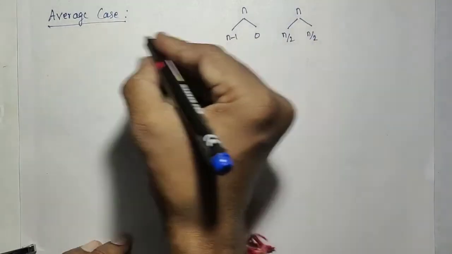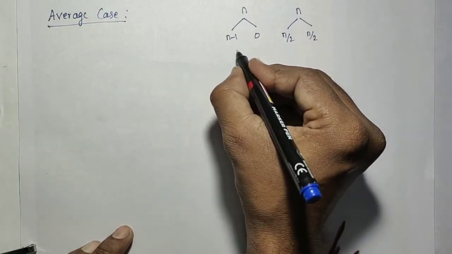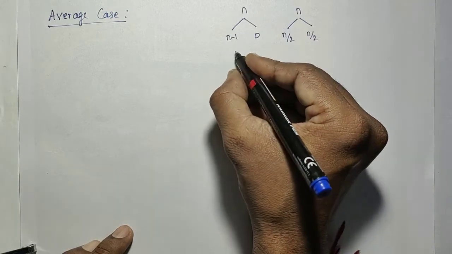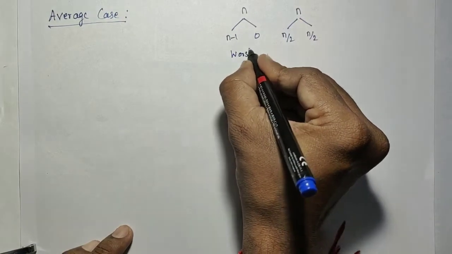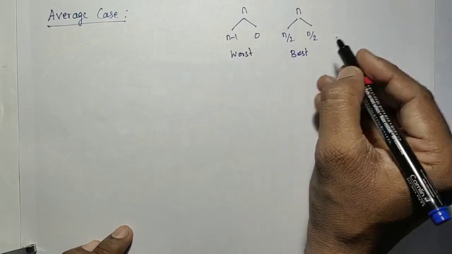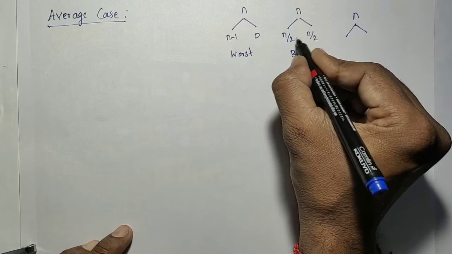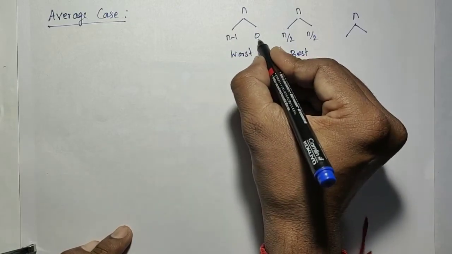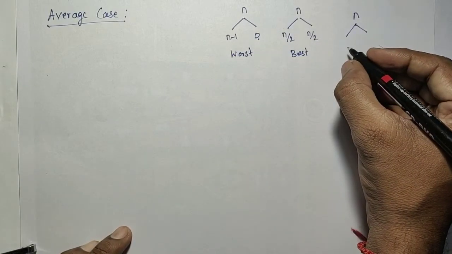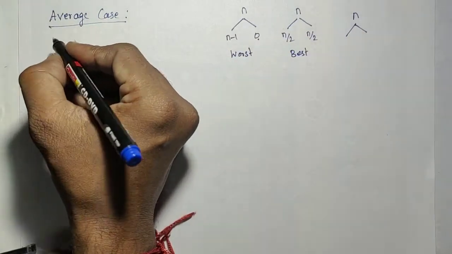Now for the average case, how are we going to assume it? The worst case and the best case are the extremes. For the average case, we assume that n is divided not into n by 2, n by 2, and not n minus 1, 0, but in between, with some ratio.